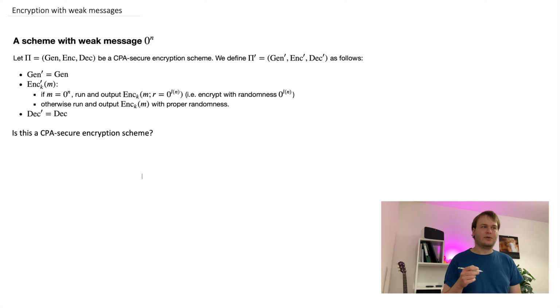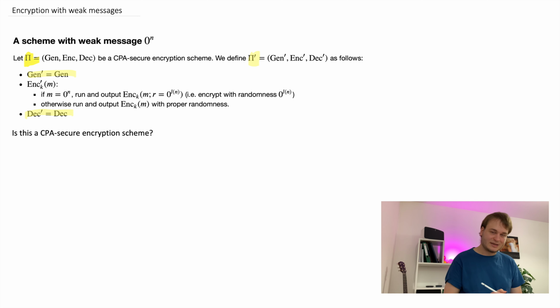So let's start with the first scheme. I call it a scheme with a weak message 0. We start with a CPA secure encryption scheme pi, and then we define our new, maybe CPA secure encryption scheme pi prime, saying that the key generation is the same as in the original.